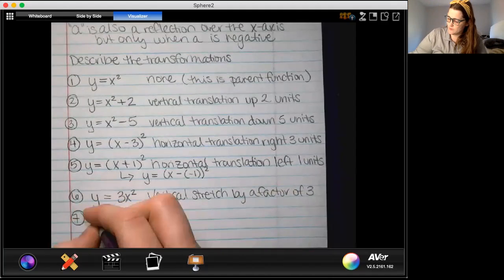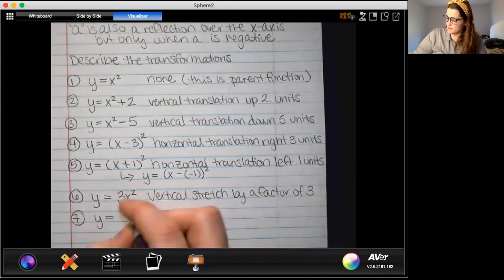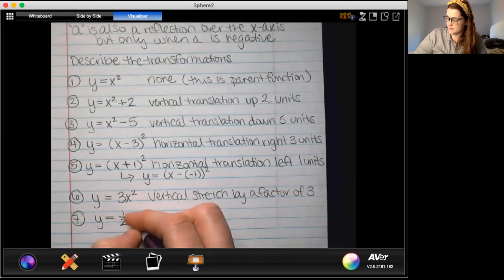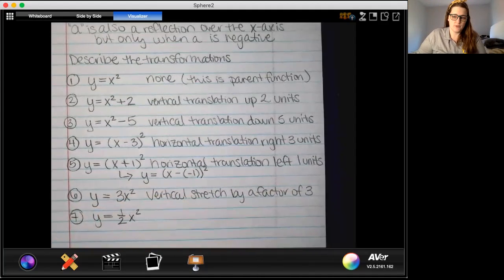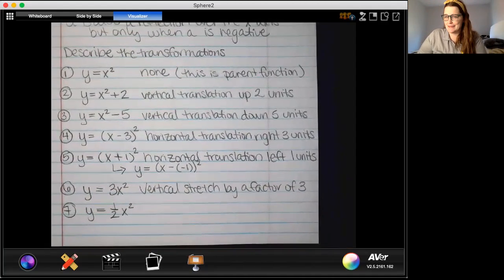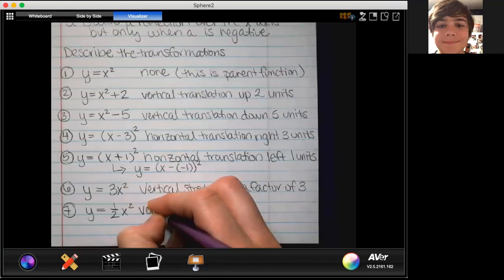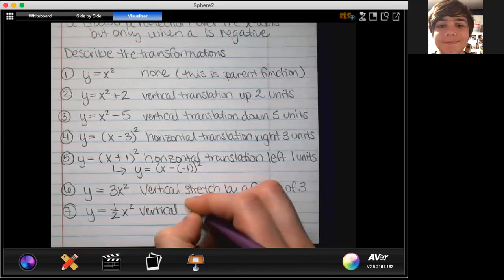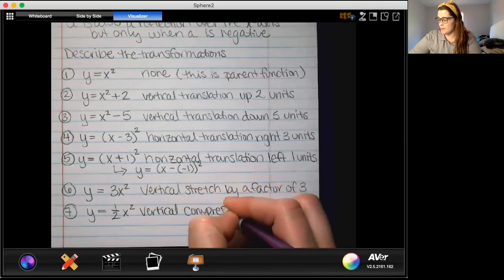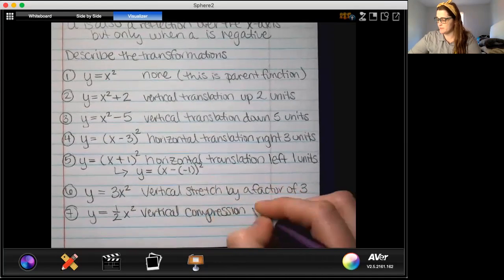Number 7, y equals 1/2 x squared. Okay. So again, now that we have 6 under our control, what would 7 then be? A vertical compression. Correct. It's all about going back to the letters that we've defined.